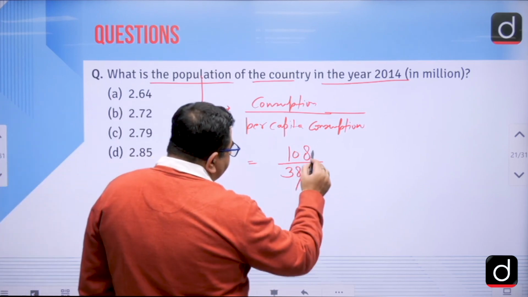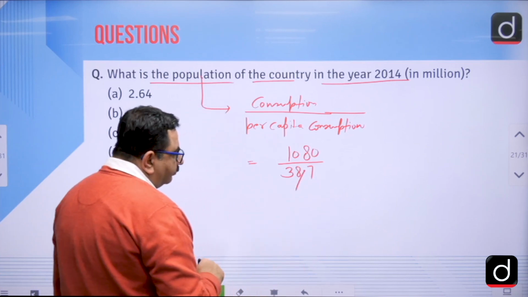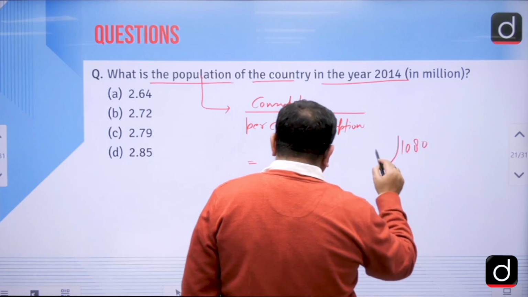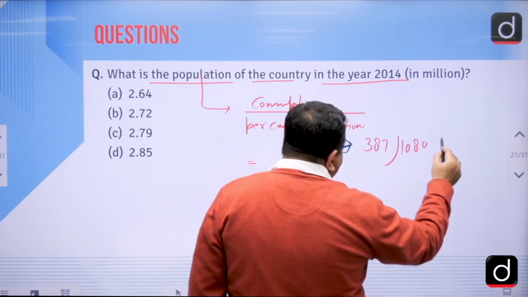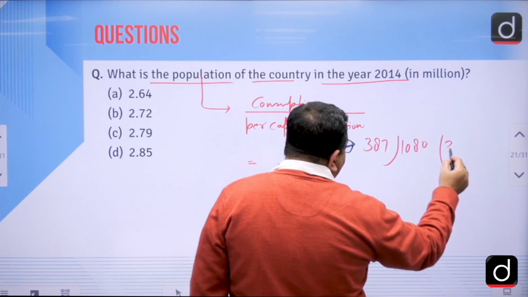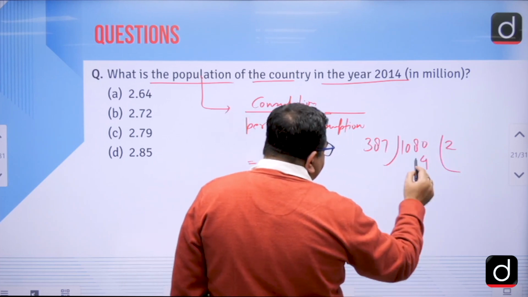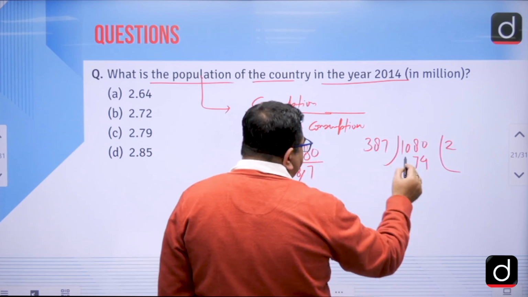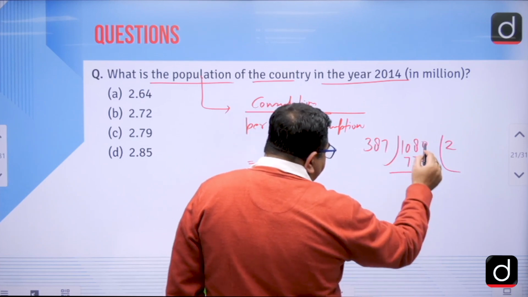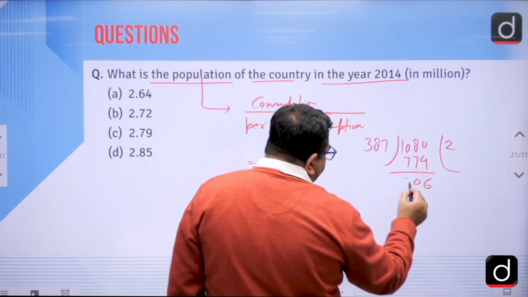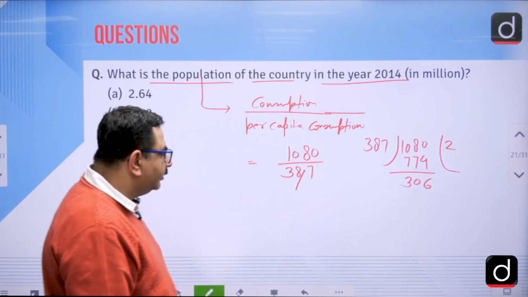So if I remove the decimal, we have to add a 0, right? So 1080, and the options are very close. We can calculate this 387 into 2, right? So 2 into 7 is 14, 1, 16 plus 1, 17, that is 7. Then 10 minus 4 is 6, this is 0, 10 minus 7 is 3, 306, right?